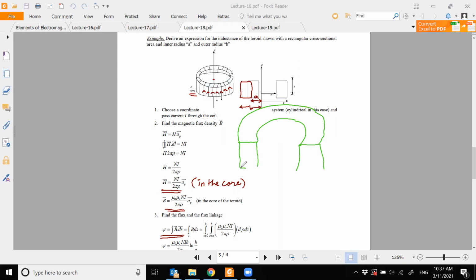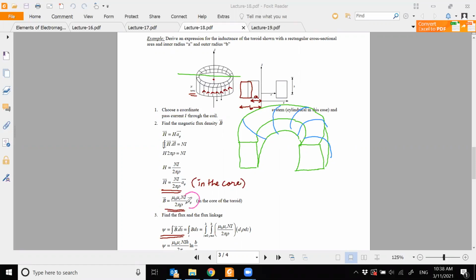I'm showing the half of it. Okay. So I'm cutting it into half, cutting it from here and I'm showing you. This is how the core is, and your wire is on this core like this. Now, how is the magnetic flux density?